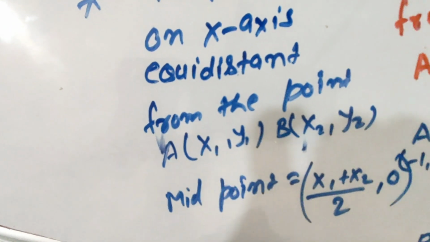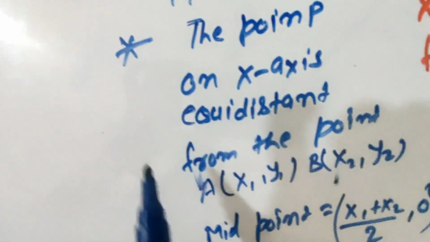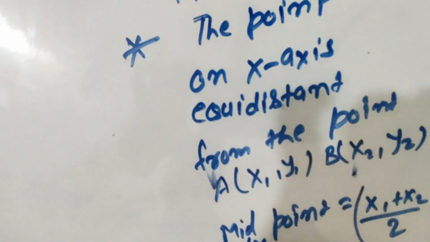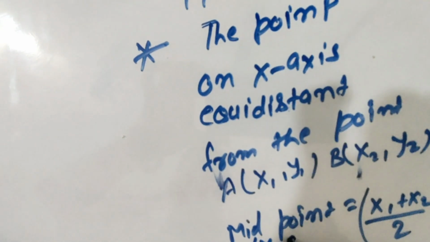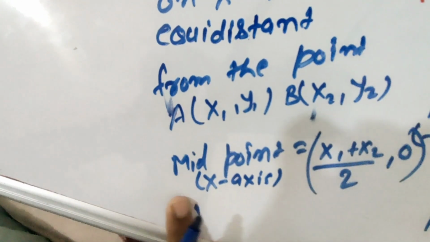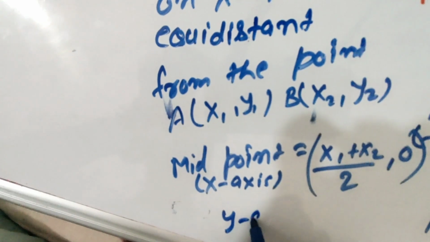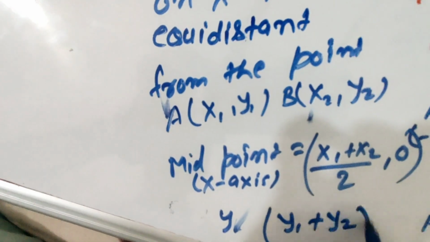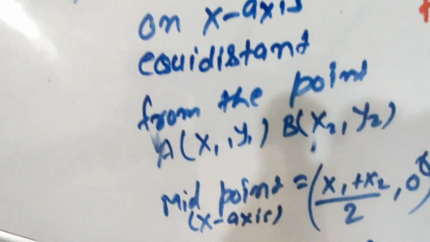If the y-axis is given, then the x coordinate is 0 and the y coordinate is (y1 plus y2) by 2. This is the formula for the short trick.